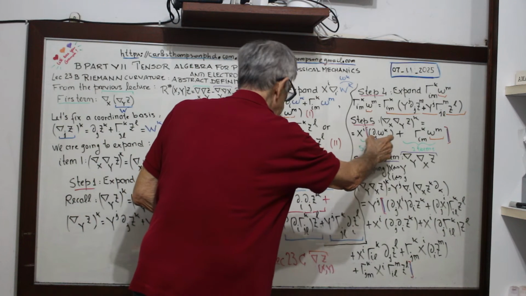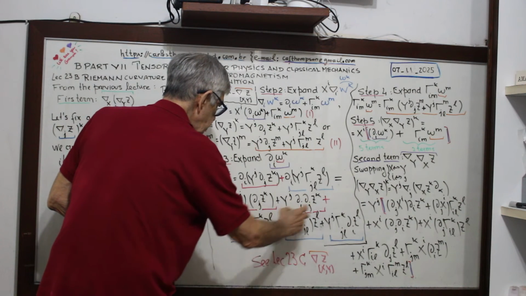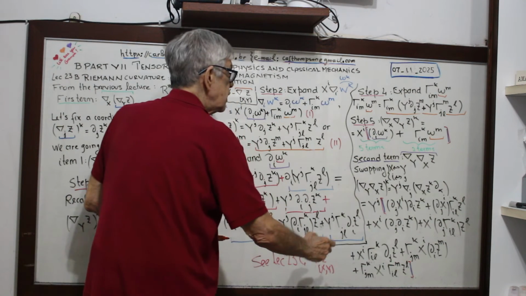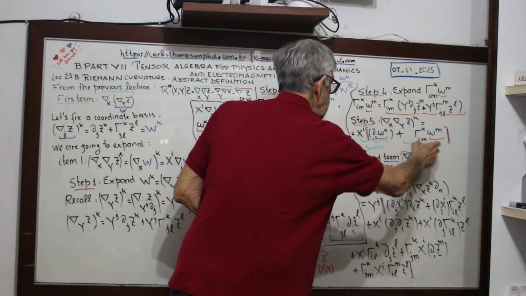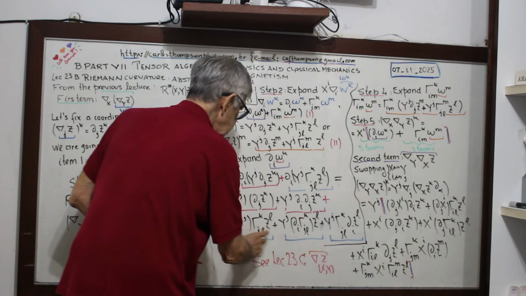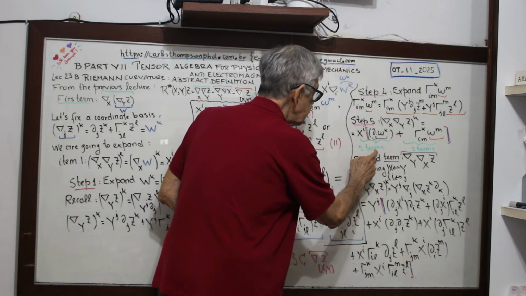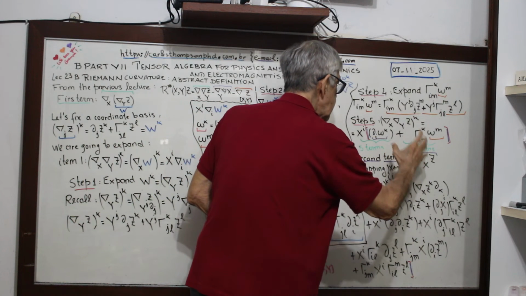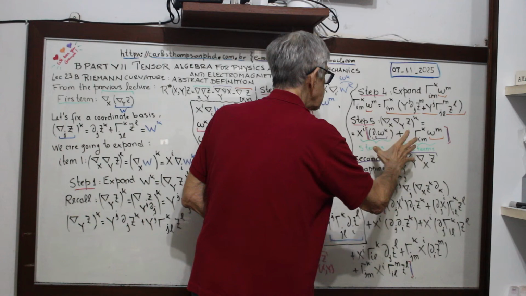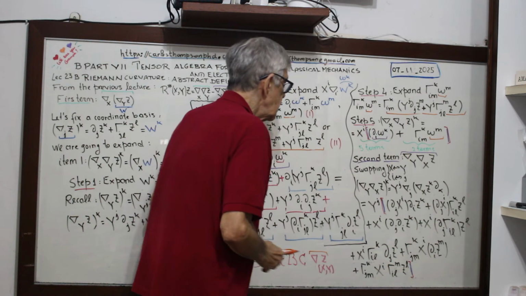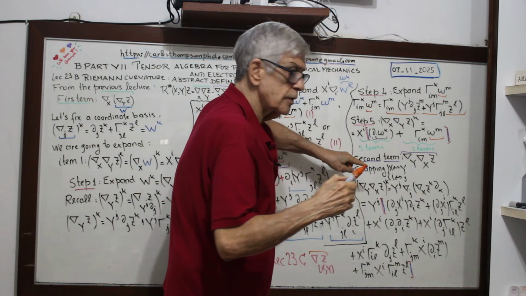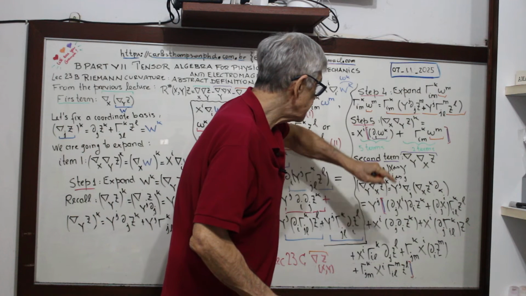If you substitute these 5 red terms here, and over here you substitute this blue one, that's why I have 5 plus 2, 7 terms. Now let's move to the second term.